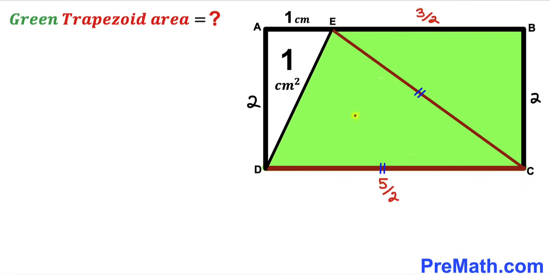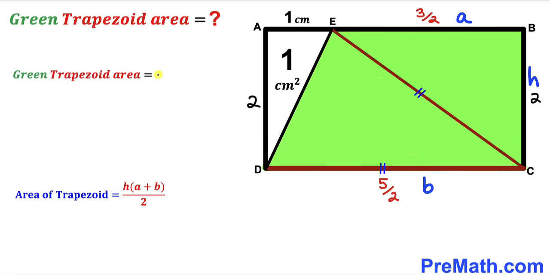Now we are going to calculate the area of this green shaded trapezoid EBCD. So let's recall the area of a trapezoid formula once again. Area equals height h times a plus b, all over 2. In our case, this base is lowercase a, this base is lowercase b, and our height is h.